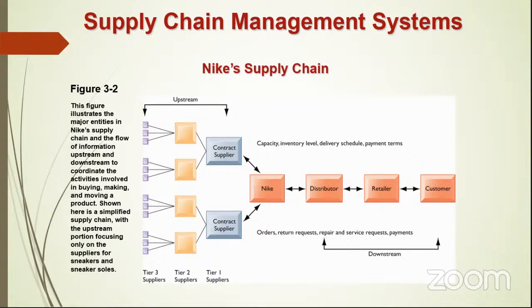Usually, most of Nike's products are made in parts of Asia, and then distributed through a whole series of suppliers, and it comes to Nike, the company, who distributes it to a distributor, then to a retailer, then customers come into some store and buy it. So we have both the downstream and the upstream supply chain. Next slide.